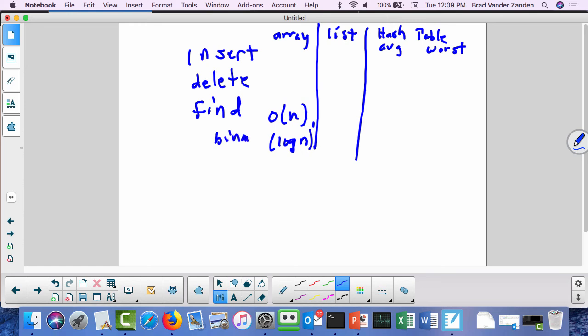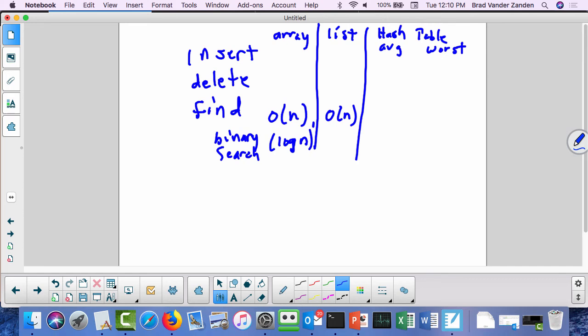For a list, you have to look at every element. You can't use binary search on a list because the elements aren't contiguous in memory the way they are for an array. For a hash table, what was the find? Did you have to search the entire hash table? No. How many buckets in a hash table do you have to search with separate chaining?